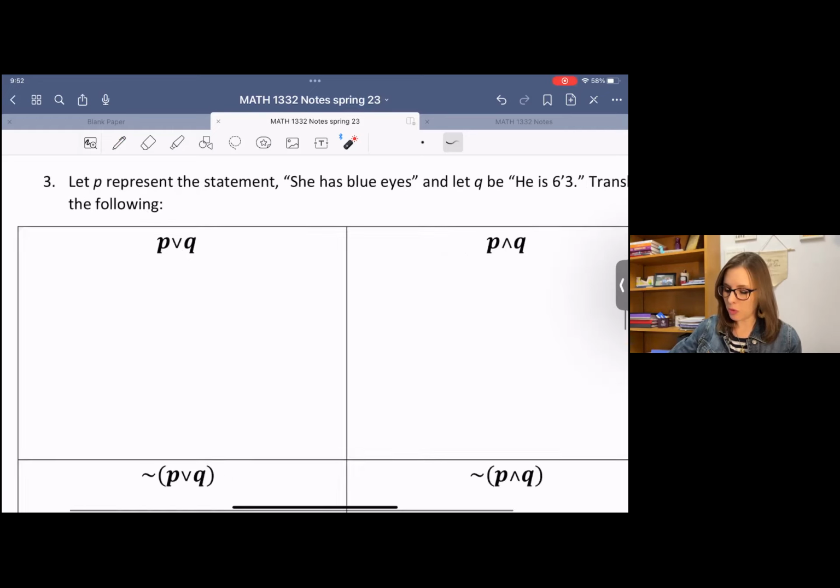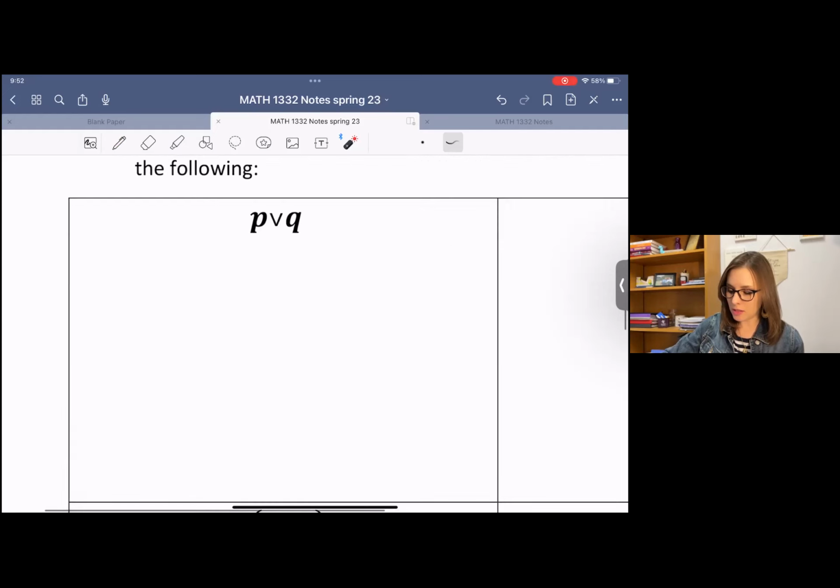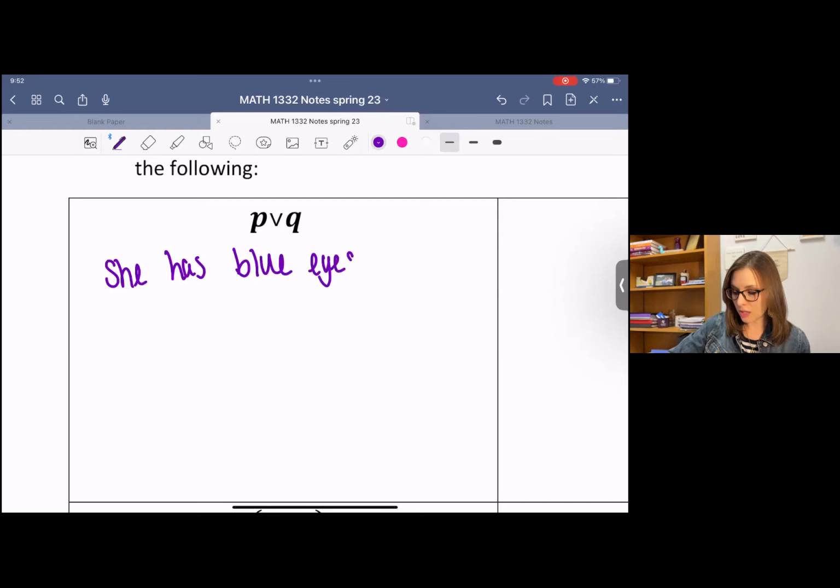So in the first example, we have P, then this symbol, then Q. This is just a symbolism for the statements that we have above. If we were to write this out the longer way, we would have P, which is she has blue eyes, and then the symbol V is or, and then Q is he is 6'3".